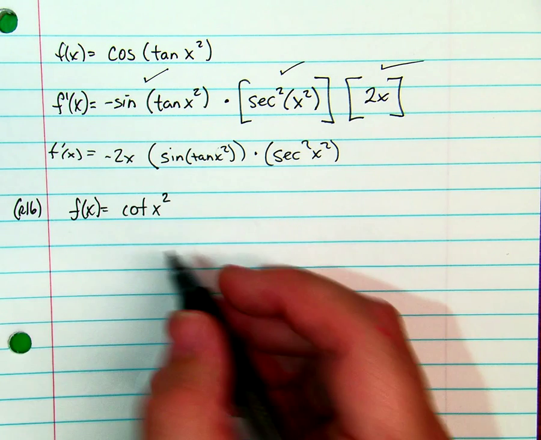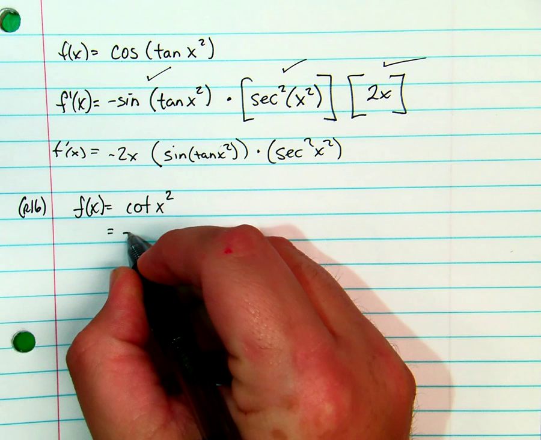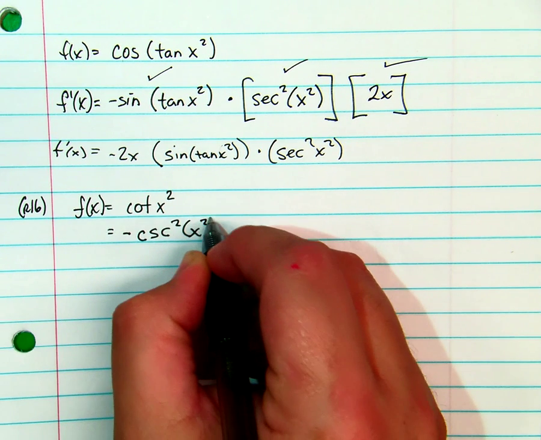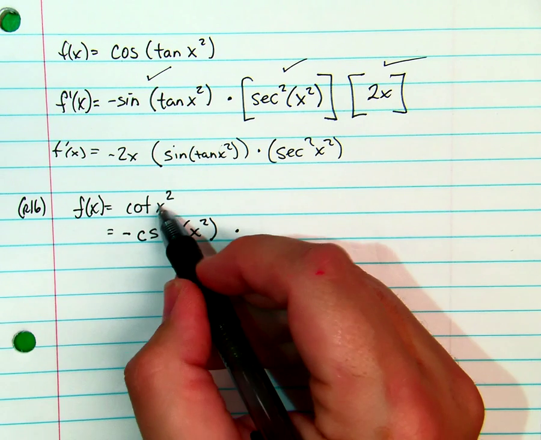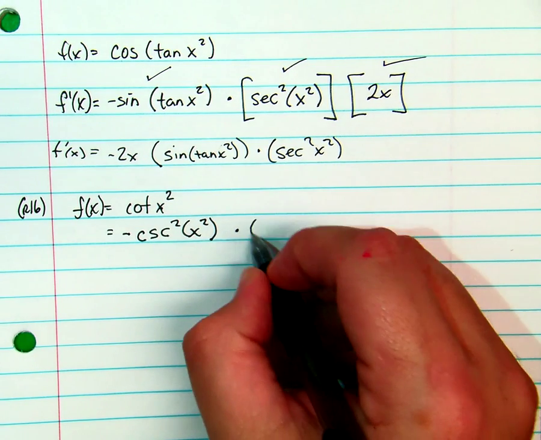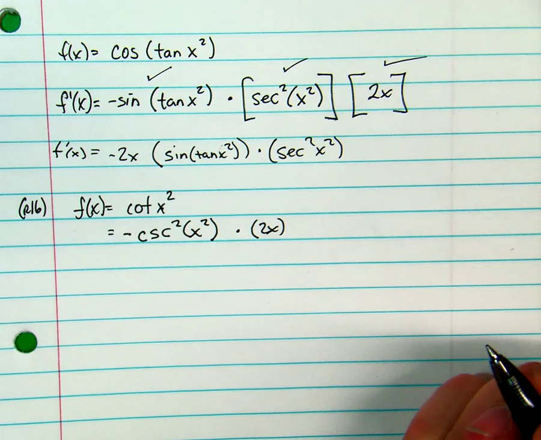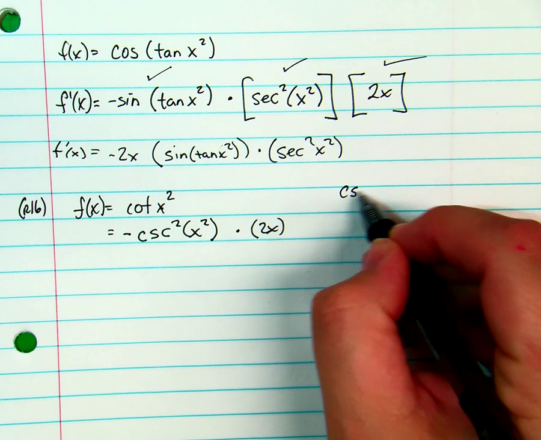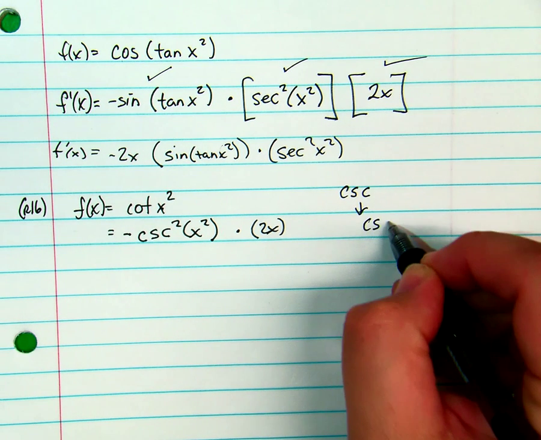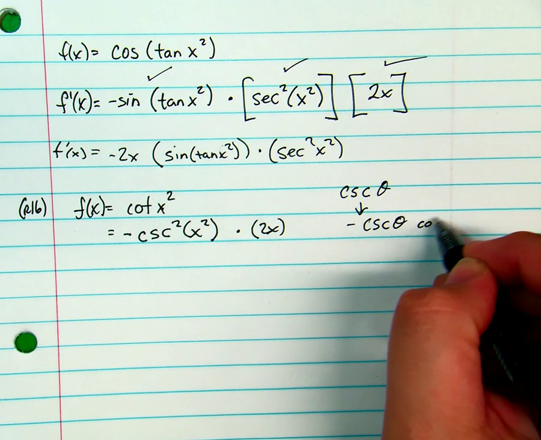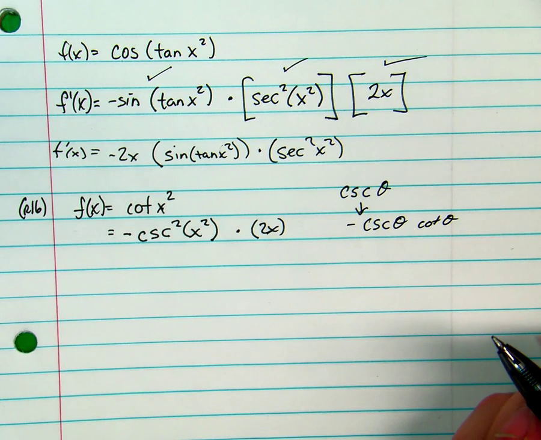All right, this is going to be the negative cosecant squared of x squared. Now, is that x? Nah, chain rule. So it's a 2x. That's the cosecant. If you go from cosecant, the derivative is going to be cosecant. So you just have to be careful which C you're playing with.